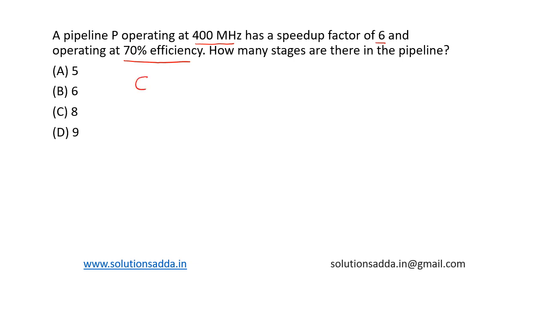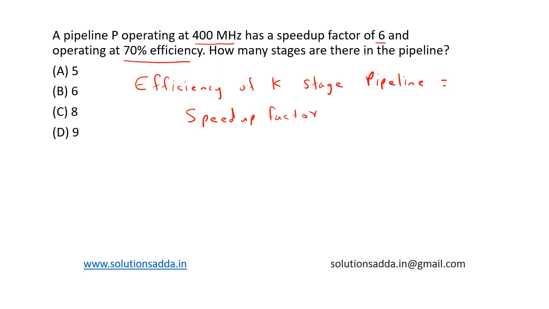So the formula is efficiency of a k stage pipeline is equal to speed up factor divided by number of stages, that is k.